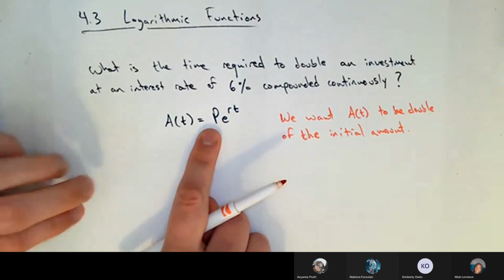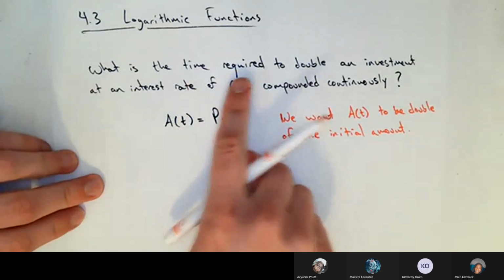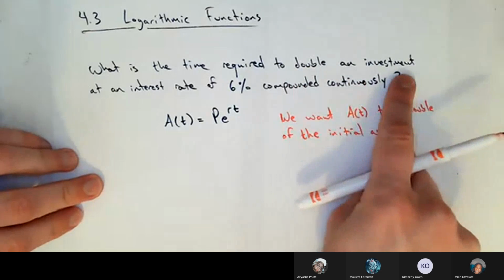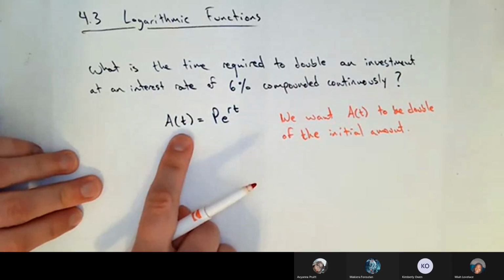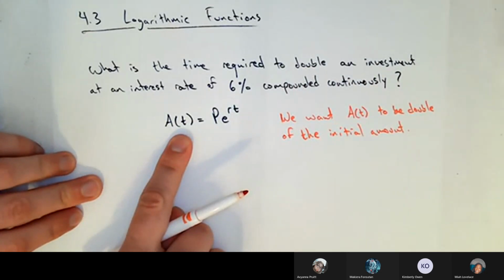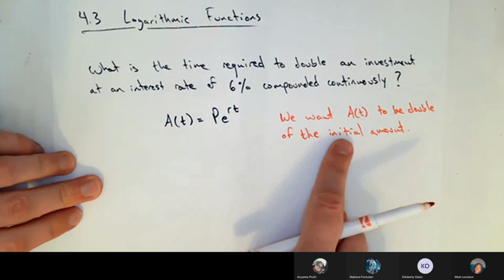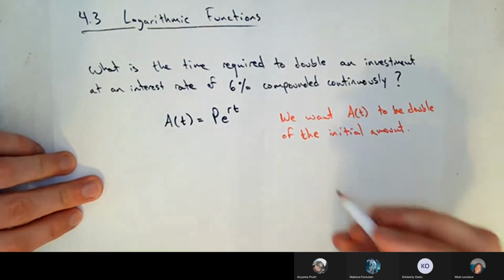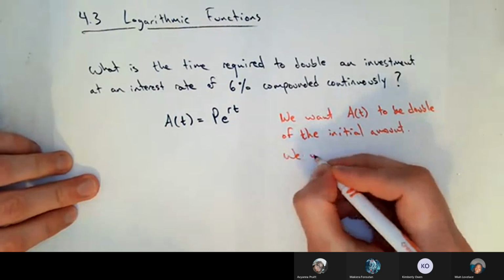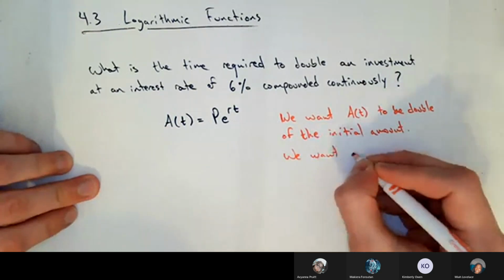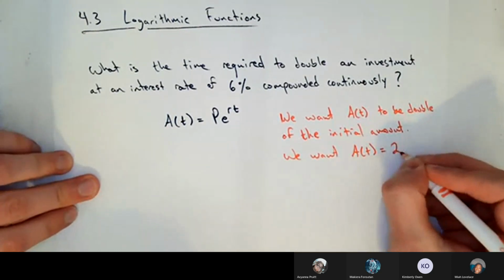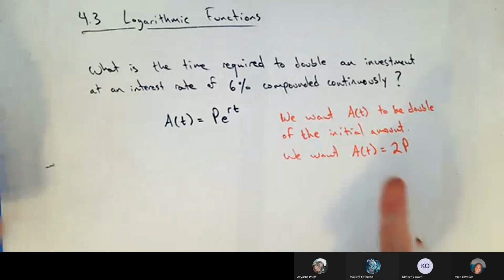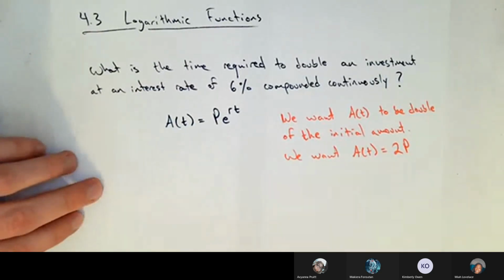We call it capital P. And the question is the time required to double the investment. So what do I want A of t to turn into? Double the initial amount. So I want it to be 2P, right? I want A of t equal to 2P, double the initial investment.